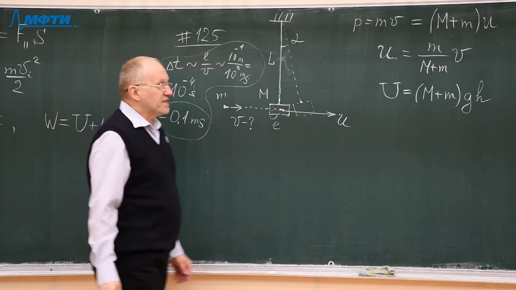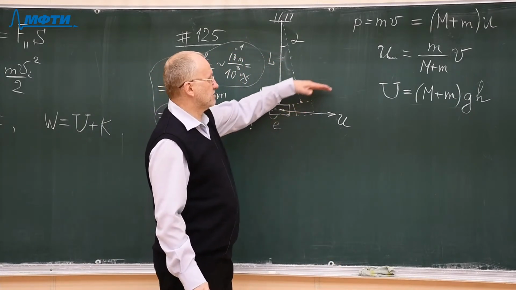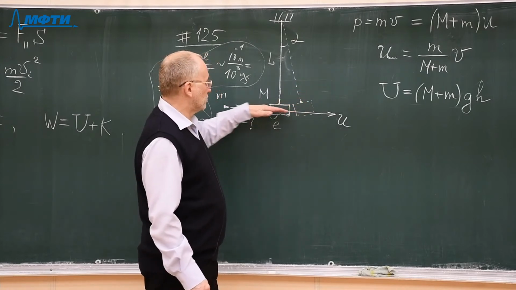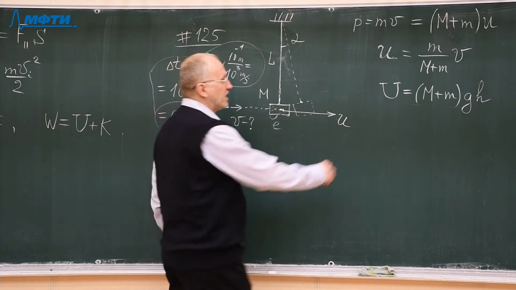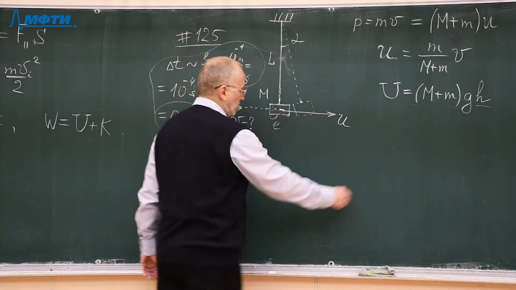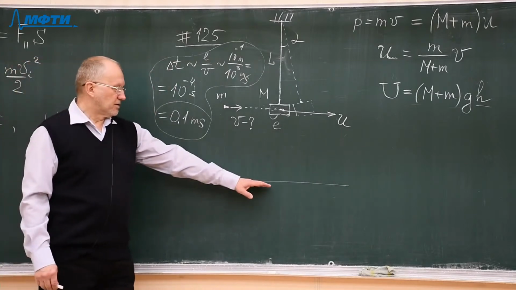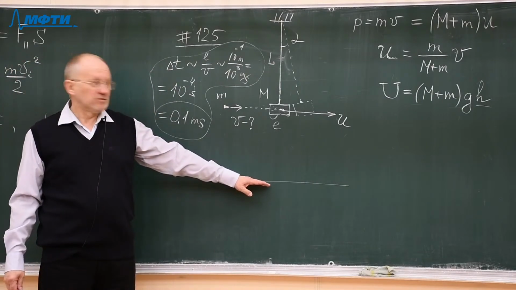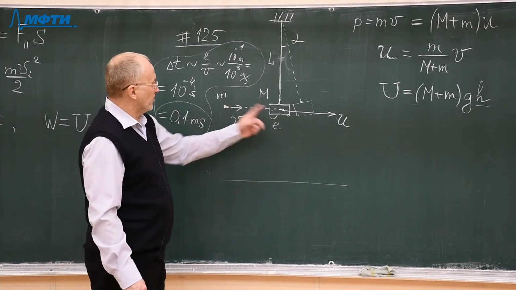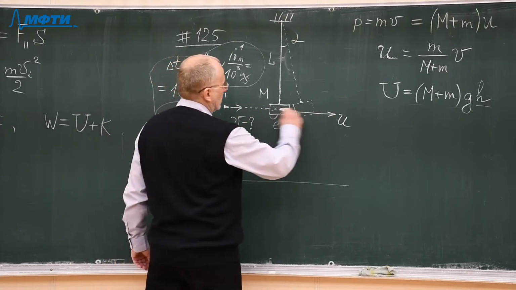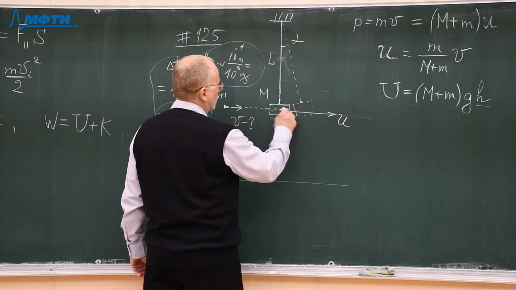What is h? The height of the box with respect to any level which we choose for convenience. We may calculate h, the height, starting from any initial level. But it's obvious that most conveniently the height should be measured with respect to the initial position.